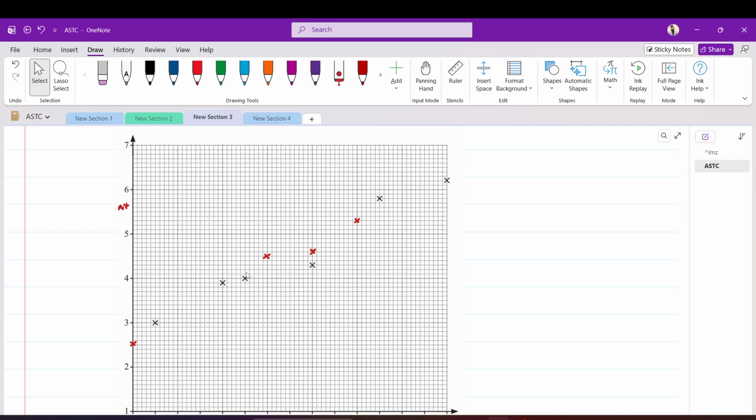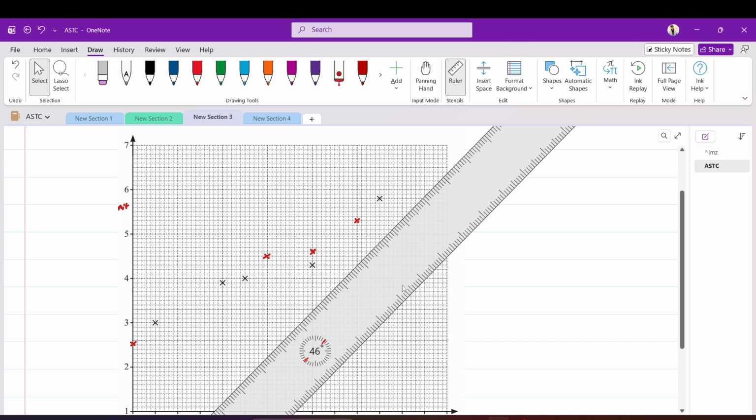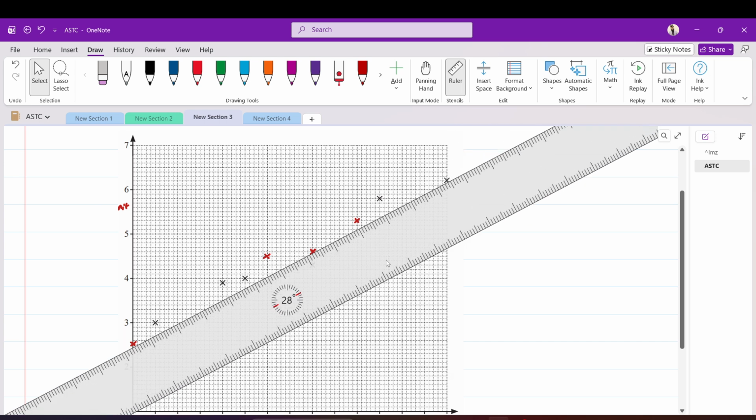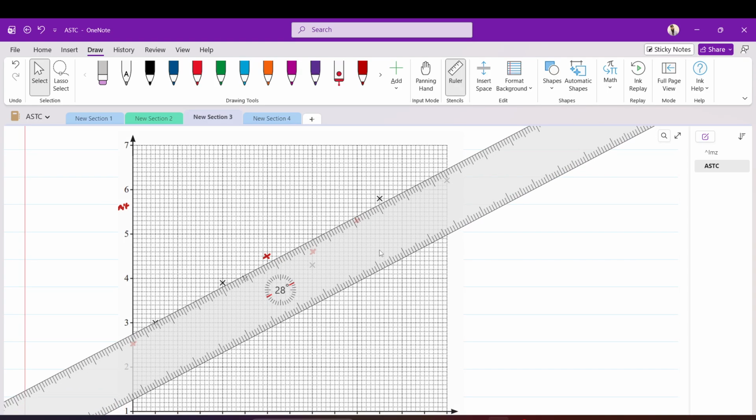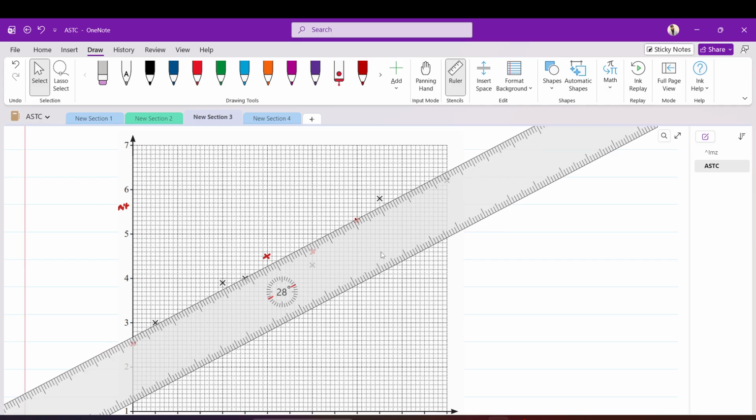Let me repeat that. Your line of best fit should be as close as possible to as many points as possible. Okay, so let me draw it over here. So I'm going to see which straight line can pass through or at least be closer to most of the points. So if I draw a line over here, that should be good enough.